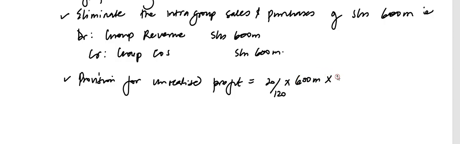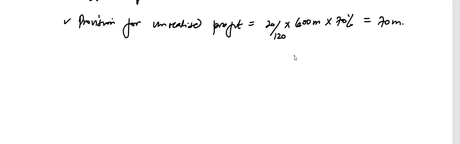But we have been told that 70% of the goods remained unsold. And this gives us 70M. That 70M has to be eliminated on consolidation. Don't forget. Eliminate the 70M.